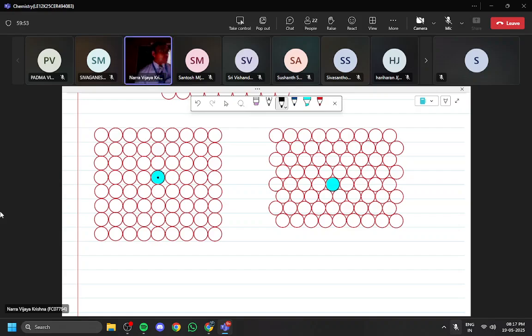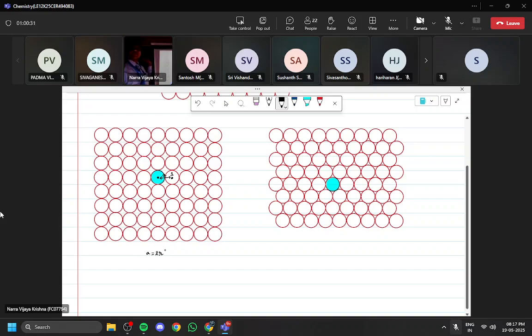From this point, who is your nearest neighbor? Who is your adjacent neighbor? Adjacent neighbor 1. Is he your adjacent neighbor 1 or not? But how many such adjacent neighbors do you have, and at what distance? Let me assume this distance as a, where a equals 2 times the radius.